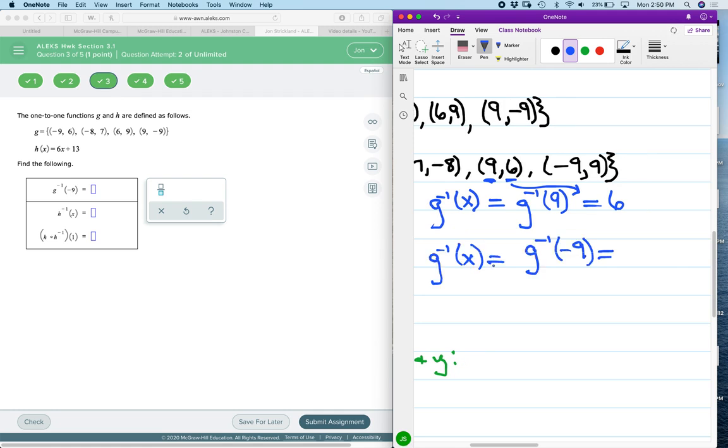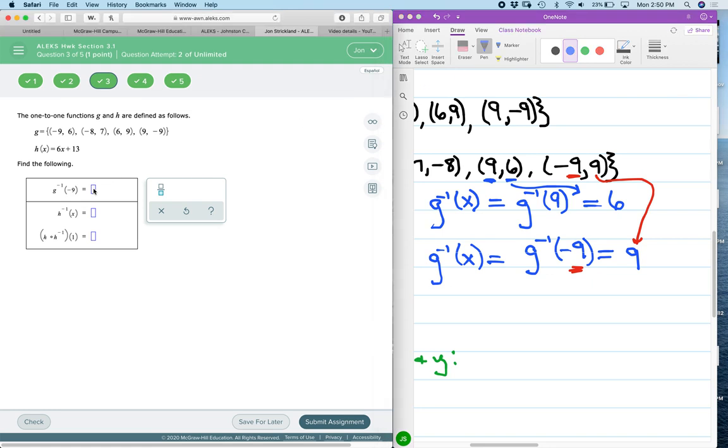Now with the inverse function of g of x, whenever x is set to -9, it's going to follow that the corresponding y value is going to end up at 9. So I misread the first part of the problem. I read the input as being 9 as opposed to -9. But again, the output is going to be 9.